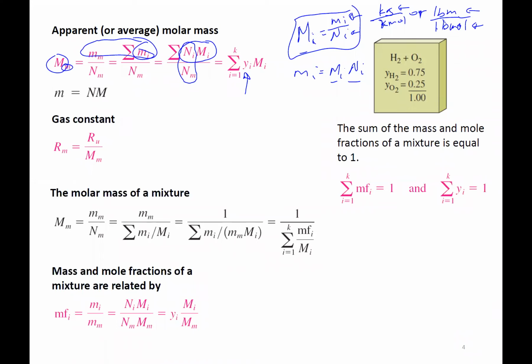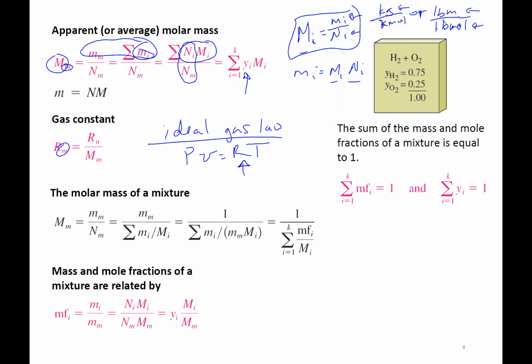Okay. Gas constant of the mixture, which is useful if you want to use the ideal gas law. Right, we have PV equals, let's do the specific volume version for now, RT, right?